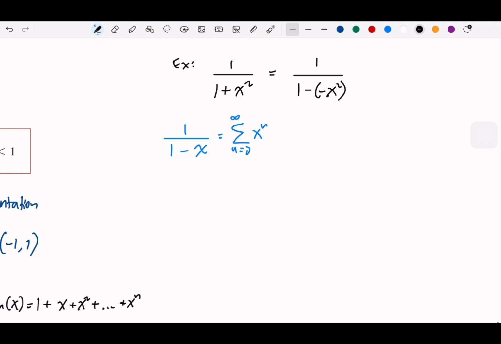So we can write this, or if you want to make it clean as a series, we can write it as a sum.